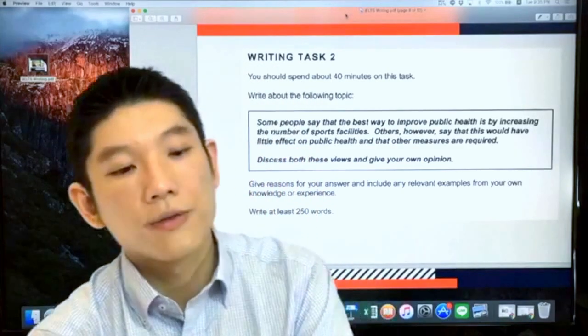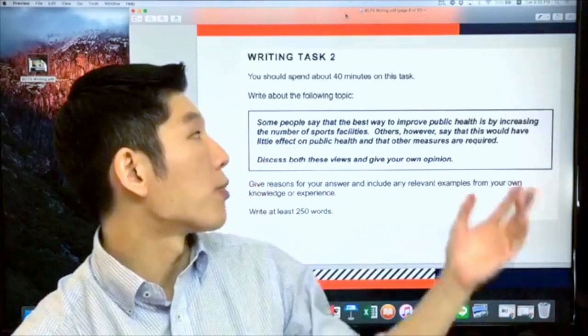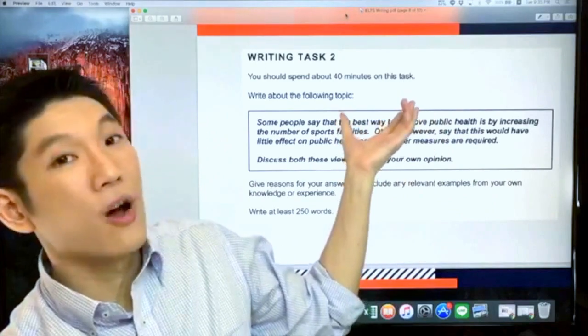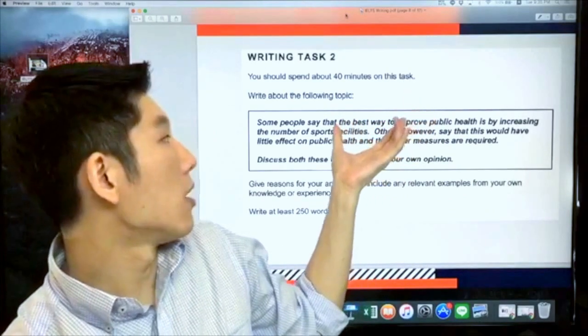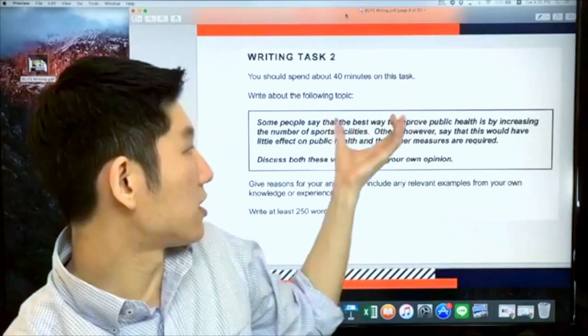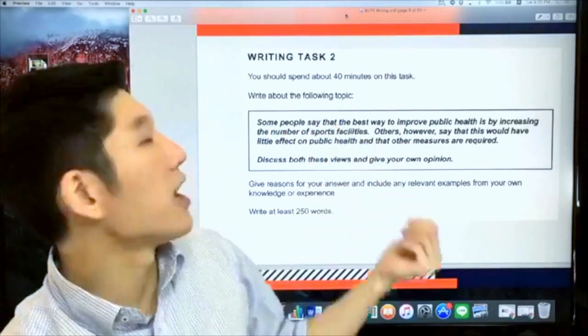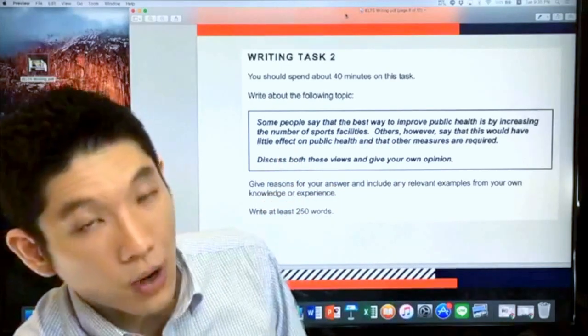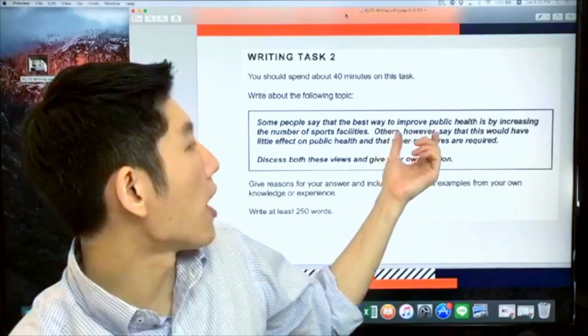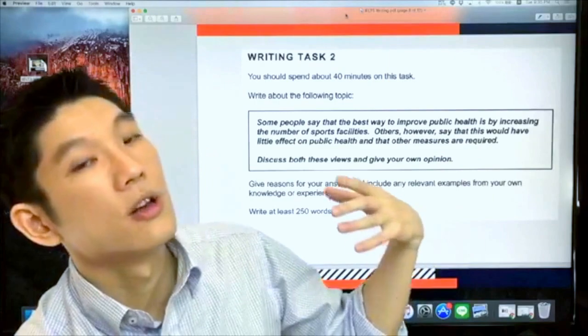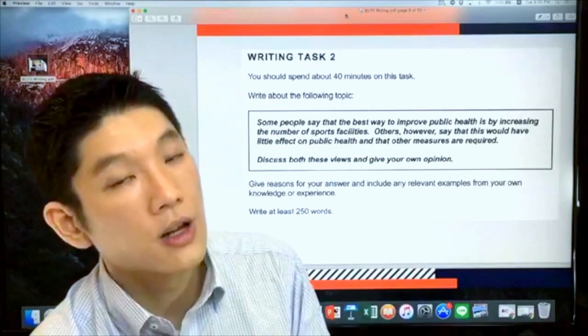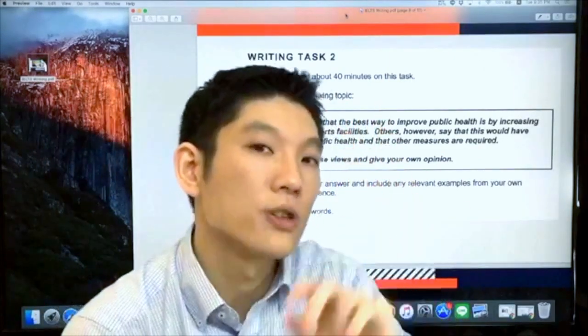So first you have to check whether the information provided is just background information or are these statements actually opinions. So I see some people say, I know this is an opinion right away, and I know other, however, say that this, so I know this is also an opinion. So now I know there are 2 points of view.